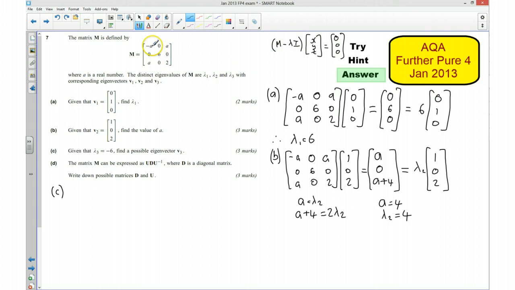So I now know that A is 4, so I've got -4 take away -6, which is +6, and I've got 0, and then I've got 4, I've got 0, and over here I'm going to have 6 take away -6, so 6 plus 6, 0, and then I've got 4, 0, and over here I've got 2 take away -6, so that's 2 plus 6.